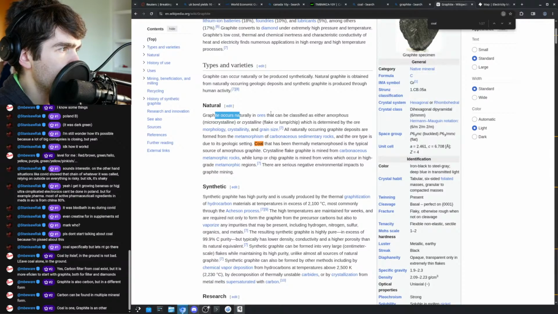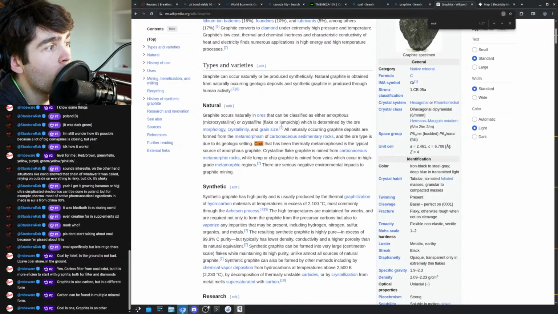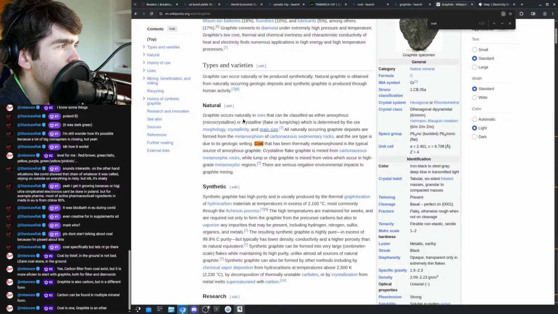Graphite naturally occurs in ores that can be classified as either amorphous, microcrystalline, or crystalline flakes or lumps, which is determined by the ore morphology, crystallinity, and grain size.